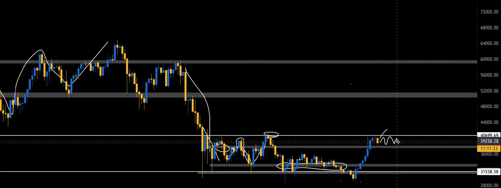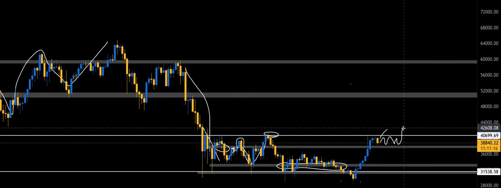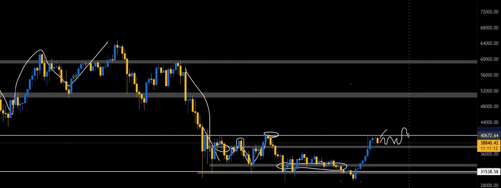Okay, we want to see the price keep ranging until it breaks through this strong support. And then what we want to do is enter our long trade on this strong support.